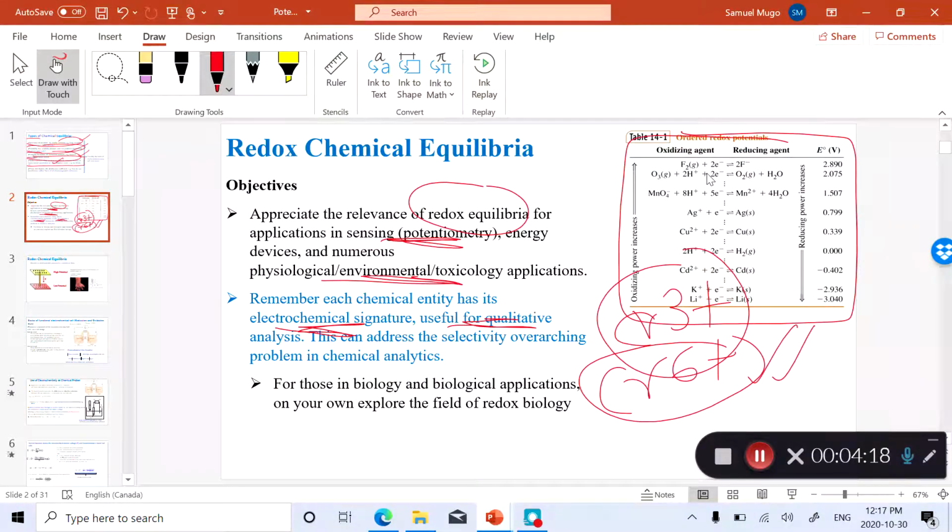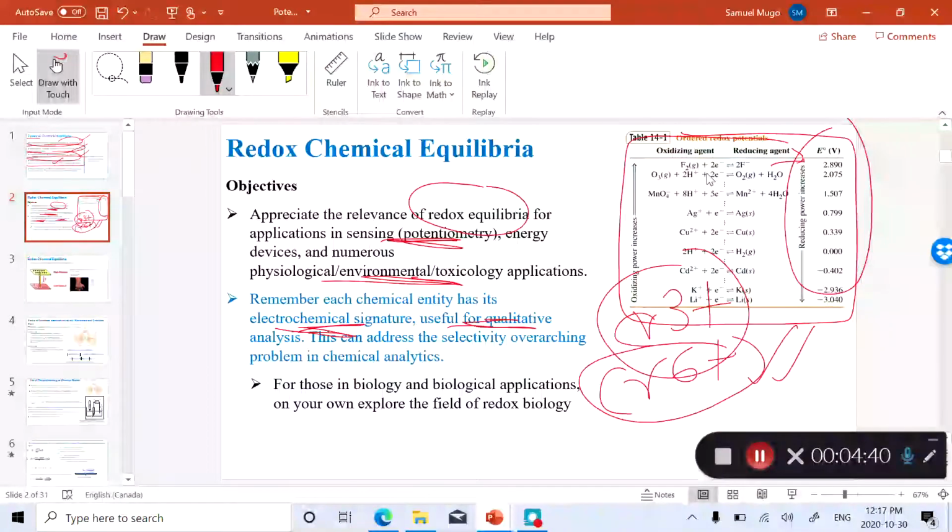And so we can say that different elements get oxidized at very, very specific oxidation potentials, and they could also get reduced at very, very specific reduction potentials. And you guys did this in Chem 101 and 102, about the standard reduction or oxidation potentials for different elements. And that's what I'm saying, that every element or every molecule has got a very specific electrochemical signature, and as such you can use it for qualitative analysis.